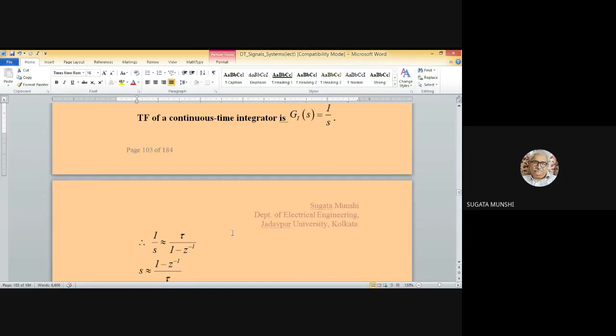So s is approximately equal to 1 minus z to the power minus 1 by tau.